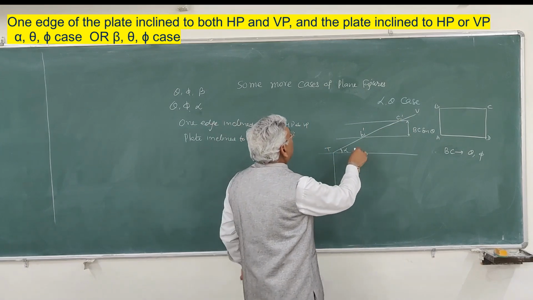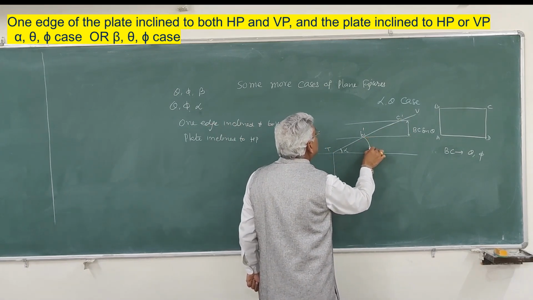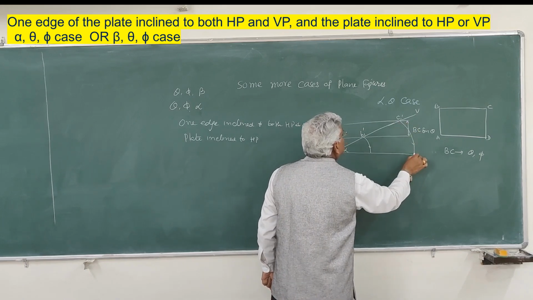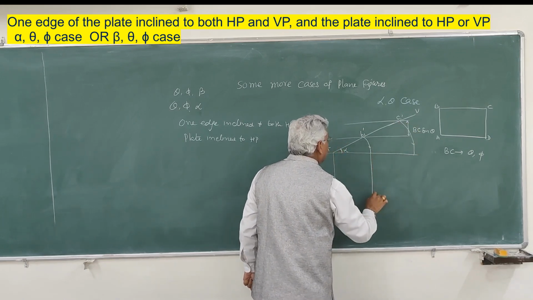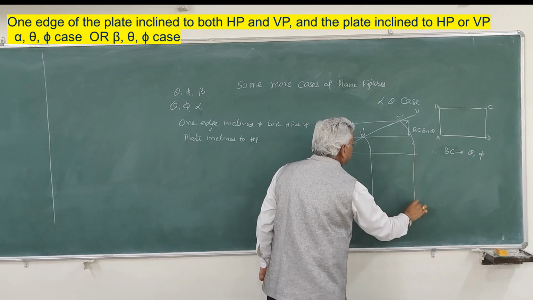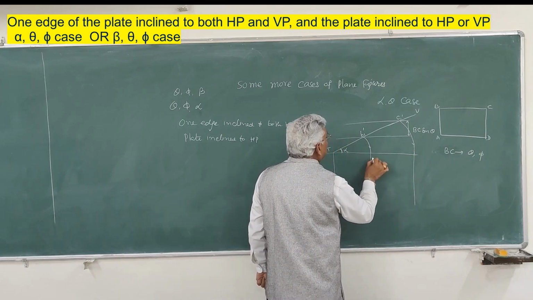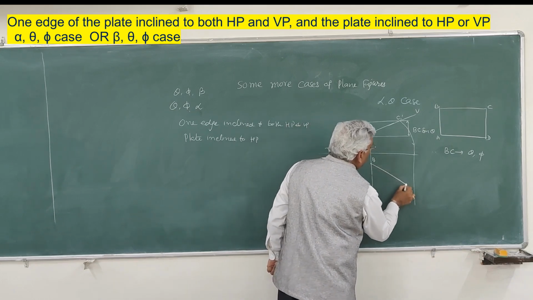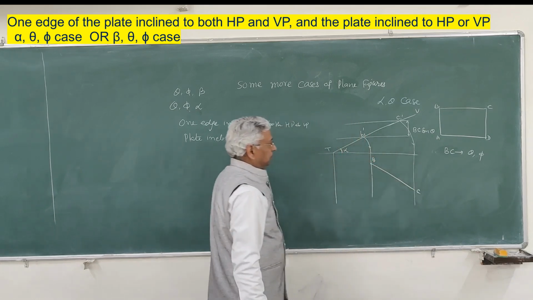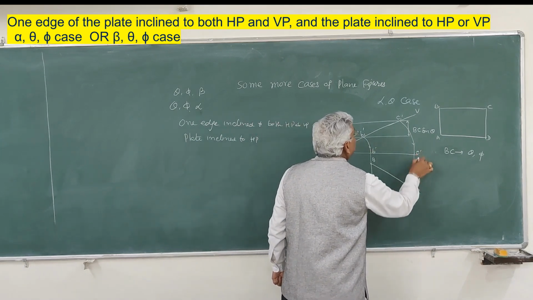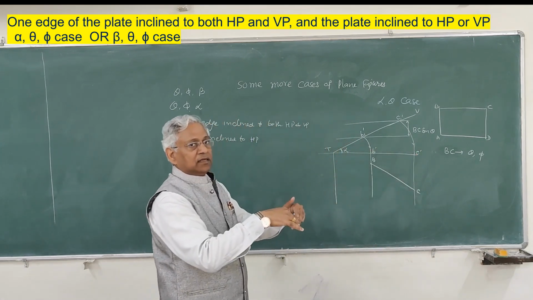Rotate these points about the trace and hit them on the ground line. Draw perpendiculars from these points, take B somewhere here and look at the true length of BC. Because once the elevation here is B dash C dash on the ground line, the plan will measure the true length.